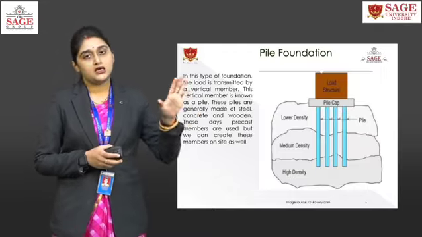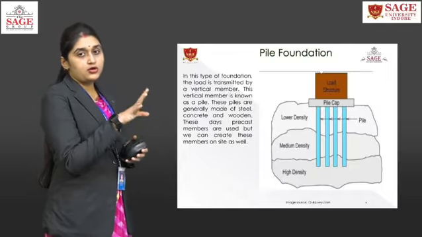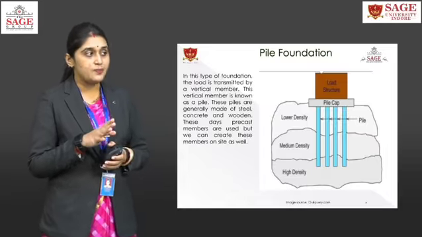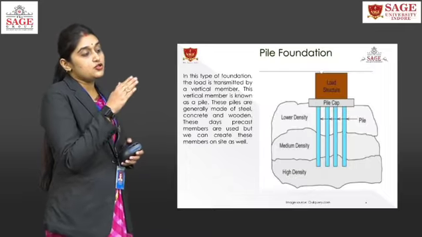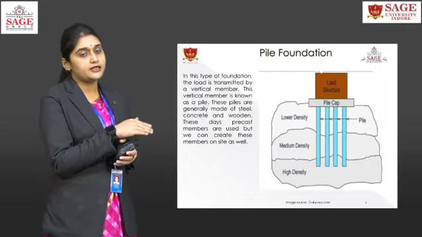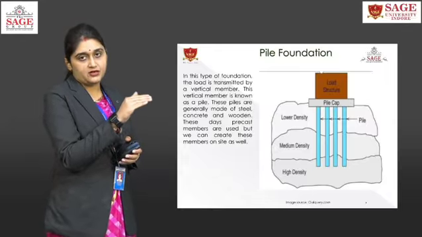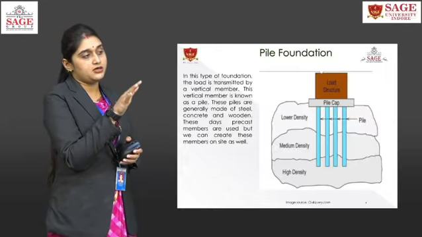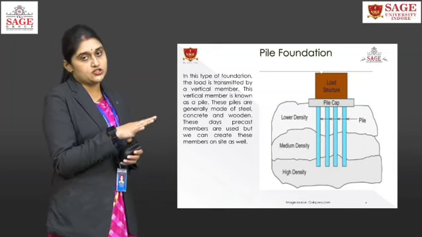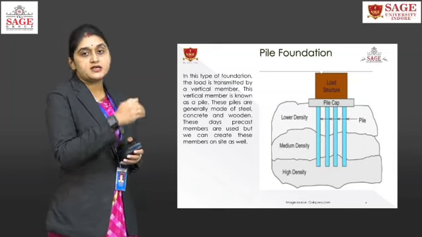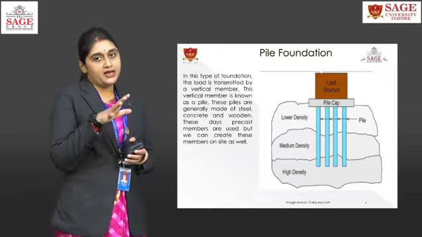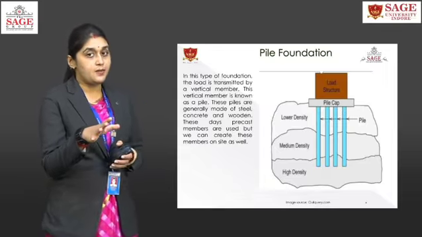You can see one diagram here. There are four columns inside the ground. These columns are known as piles. They are usually inserted into the high density soil. You can see there are three main categories of soil: the lower density soil, medium density soil, and high density soil. The pile is inserted to the high density depth, and there is one pile cap which you can see here. We will study about this as well.